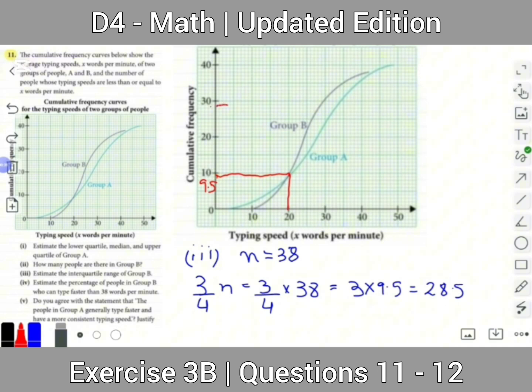So from 28.5 we will draw a horizontal line until it touches the curve representing group B. Now from the point of intersection on the curve, we will draw a vertical line until it touches the x-axis.